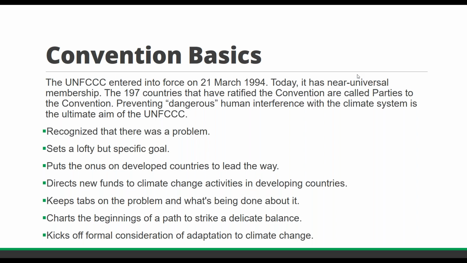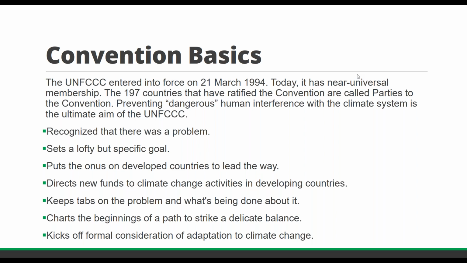It keeps tabs on the problem and what's being done about it. It charts the beginnings of a path to strike a delicate balance, and this is partly how the convention is discussed on the UNFCCC website and by the Secretariat: the balance between how do you continue to develop, perhaps in an unsustainable way, how do certain countries continue to grow, and how do you mitigate at the same time.